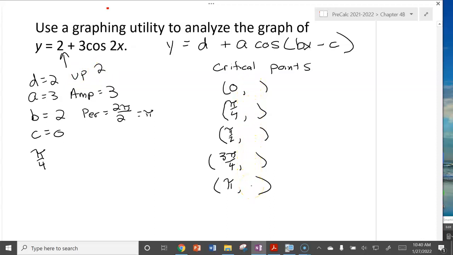Check this out. So it was going to be 0, now it's 2. Max was 3, but I'm shifting up by 2, so I'm going to get a 5. I'm going to go back to 2. My min was negative 3, but shifted up by 2, so I get negative 1. And then I'm going to go back to 2. And now take a look at the graph.